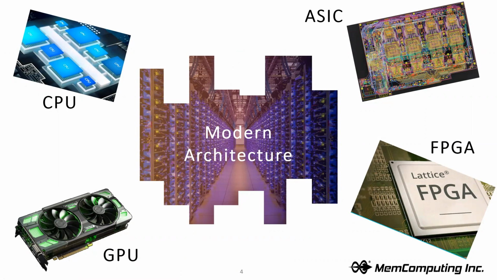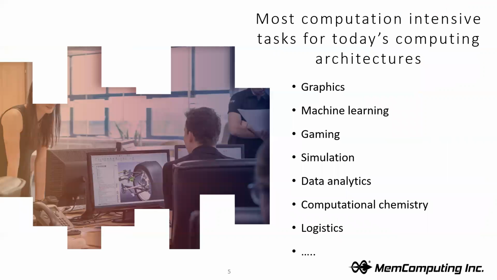Nevertheless, all our modern computing architectures follow this scheme, starting from GPUs and CPUs, ending with more specialized architectures like ASICs and FPGAs. They are very efficient in doing many tasks like graphics, machine learning, simulation, data analytics, and so forth.